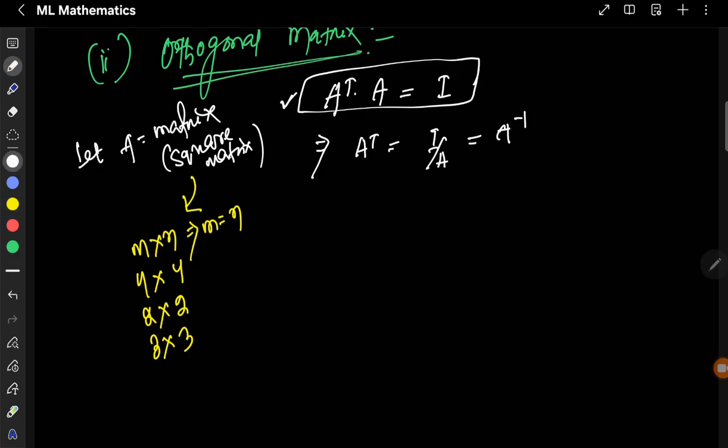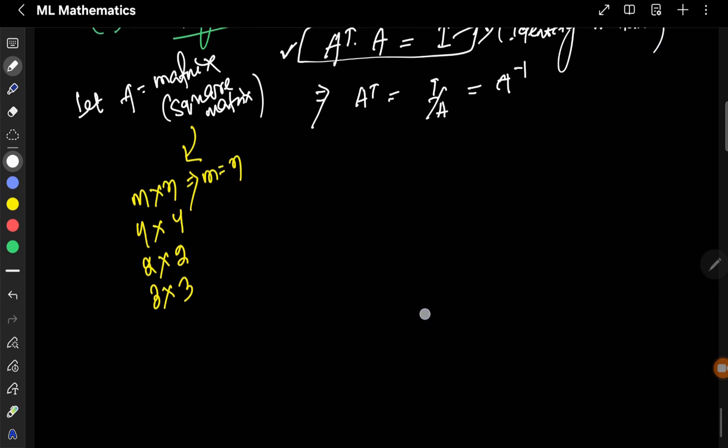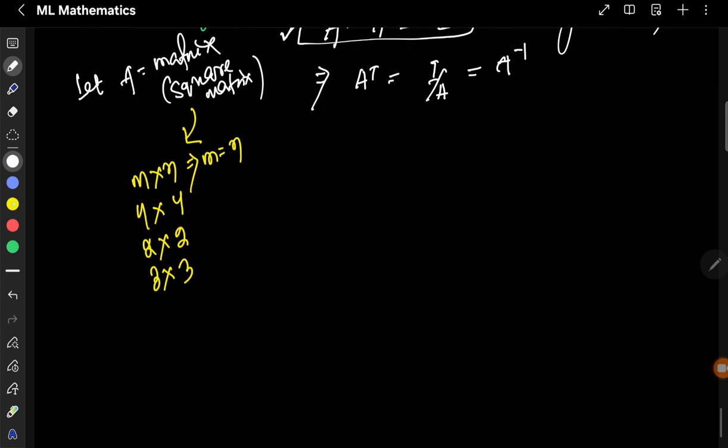So if I'm saying A is a square matrix, where the formula A transpose into A, we know what transpose means. Transpose means changing the columns to rows and rows to columns. So A transpose into A is nothing but an identity matrix. I can take an example and try to figure out whether it satisfies the rule or not.